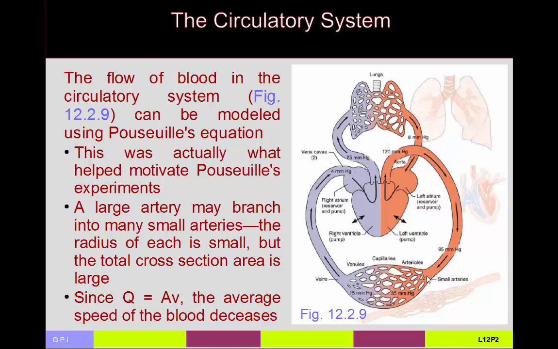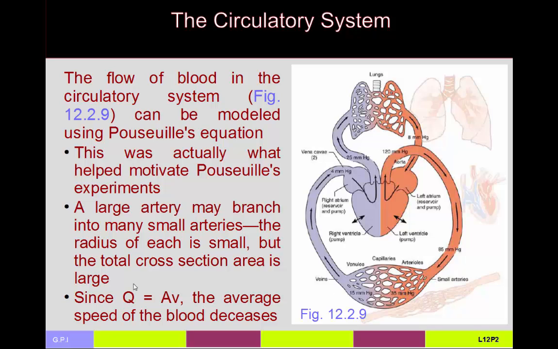You'll find that the volume flow rate actually ends up dropping. One reason is that the pressure is lower, but also the R to the fourth term becomes much smaller for any given small artery.